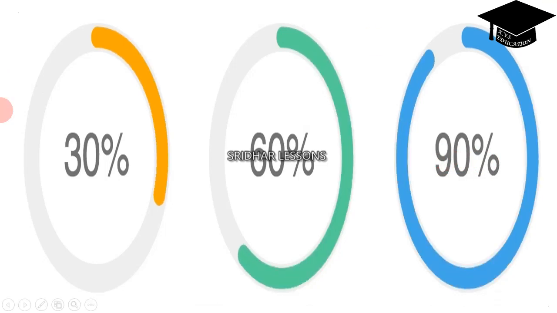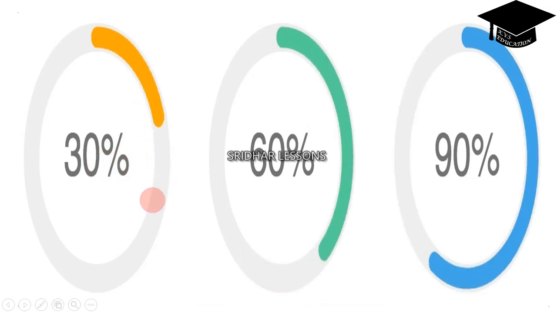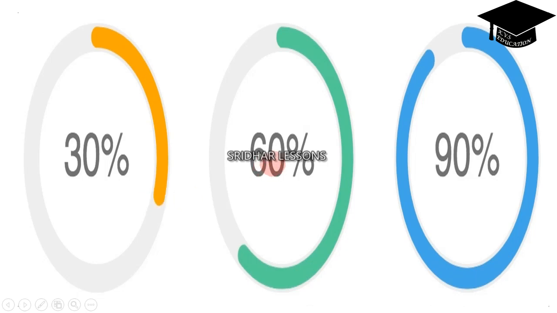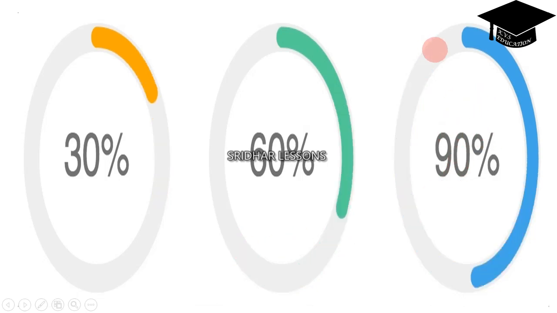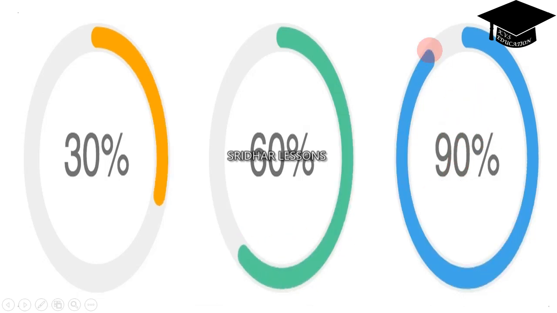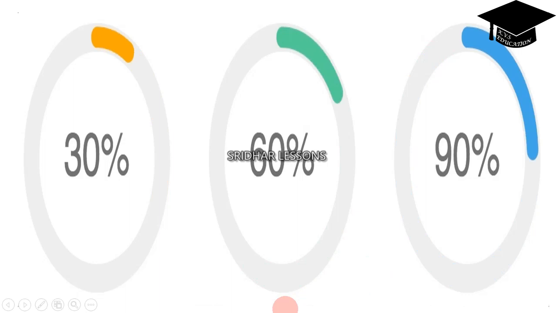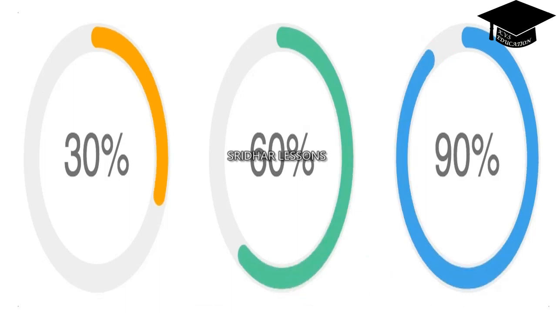Observe these three pictures. 30% was colored with yellow or orange up to this one. For 60% it is made with green color, up to this one. And for 90%, it is almost the whole circle. This is how we can represent percentages pictorially.